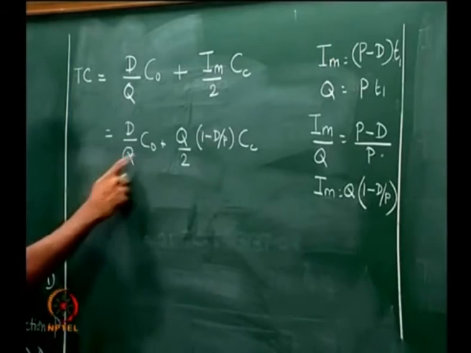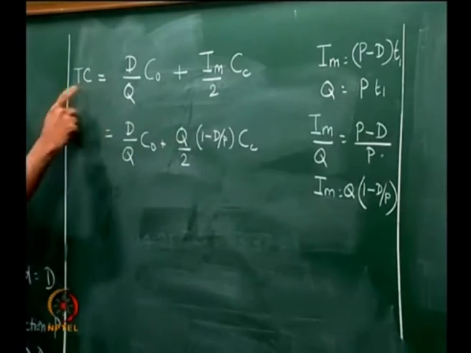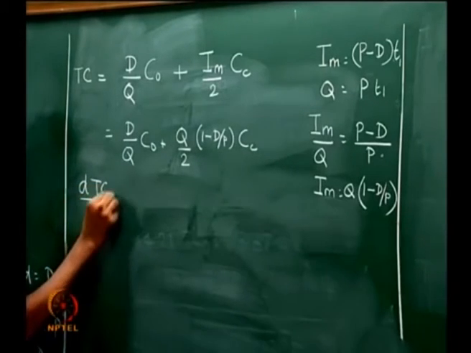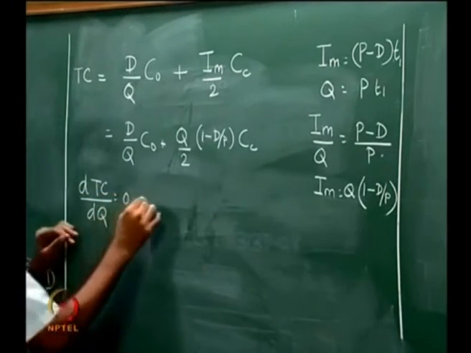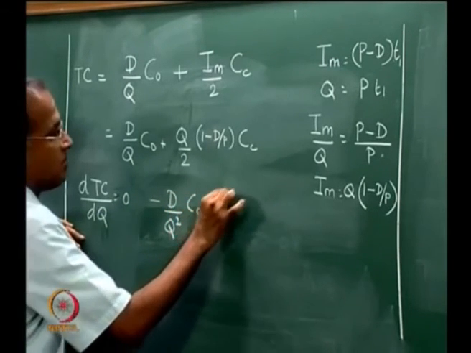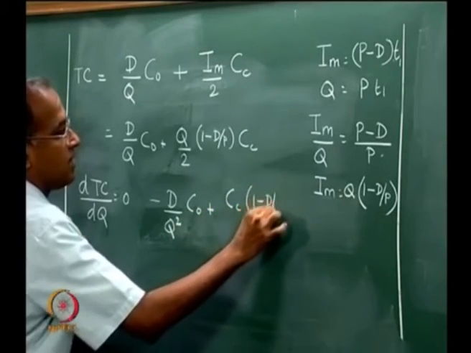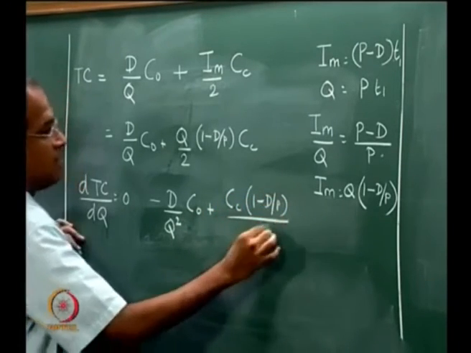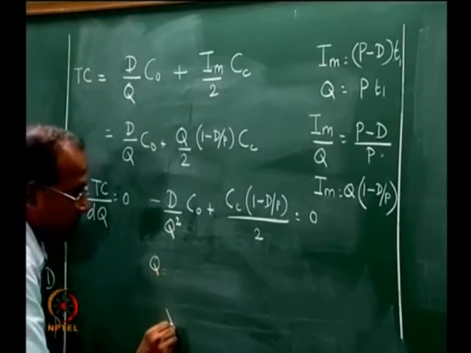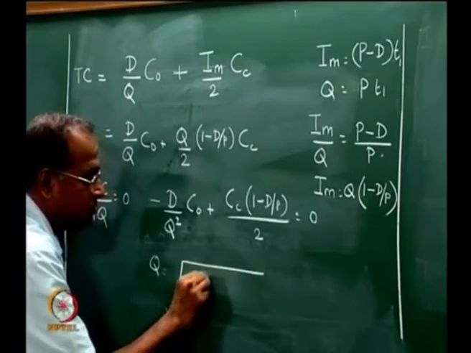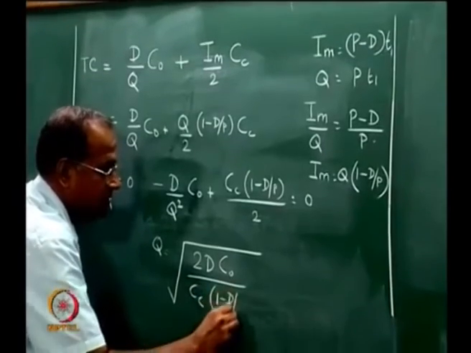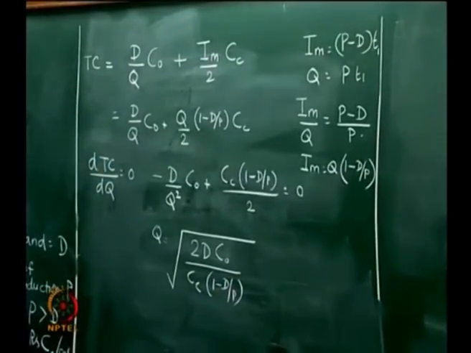Now, we need to find out the best value of Q which minimizes the total cost. So, this is got by differentiating dTc by dQ equal to 0, which would give us minus D by Q square into C naught plus Cc into (1 minus D by P) divided by 2 equal to 0, from which Q is equal to root over 2 D C naught by Cc into (1 minus D by P).